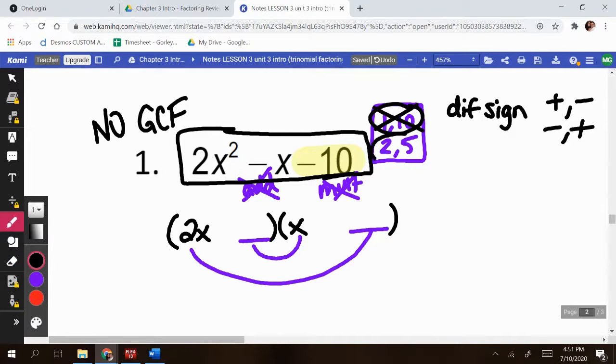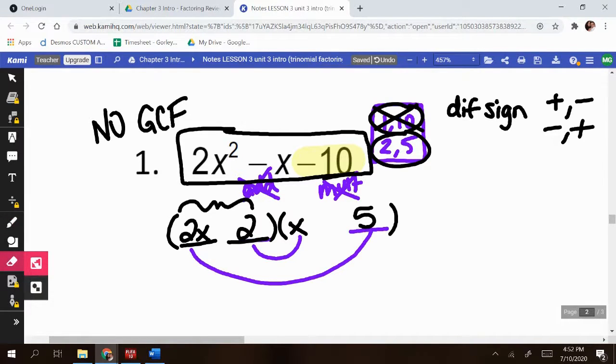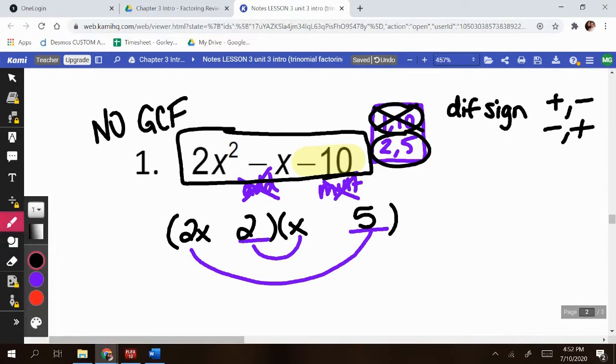So now I'm working with 2 and 5. Could I put the 2 here and the 5 there? No. Again, if you look at this parenthesis, see how both terms would be divisible by 2? And you'd have a GCF. If there's no GCF at the beginning, there should be no GCF within the set of parentheses. So I'm not even going to look at that as an option.